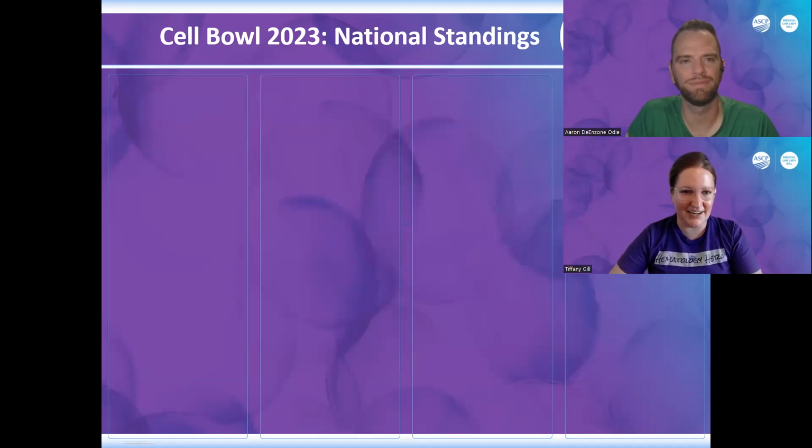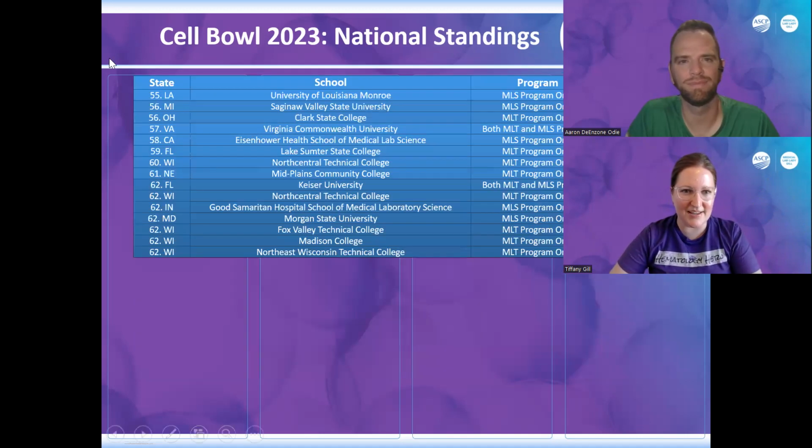All right. And then we've got teams 55 through, honestly it's 65, but everybody at the end in 62nd place has the same score because they didn't play. So they all have 90s as the average. But Saginaw Valley State University and Clark State are buddies still, and they will remain that way for the rest of the time that we're in it.